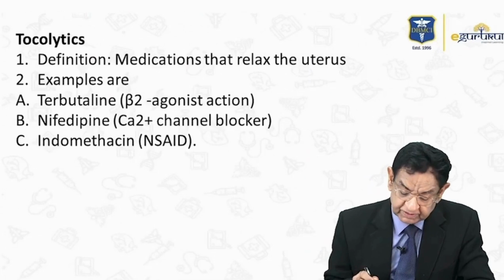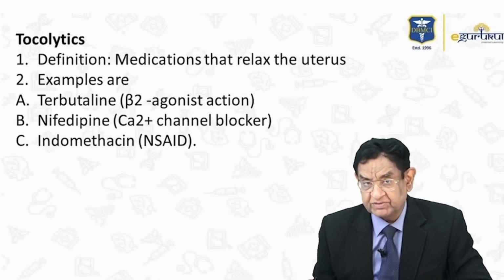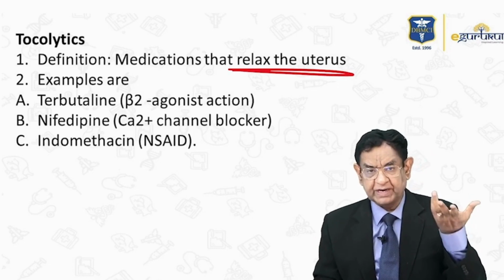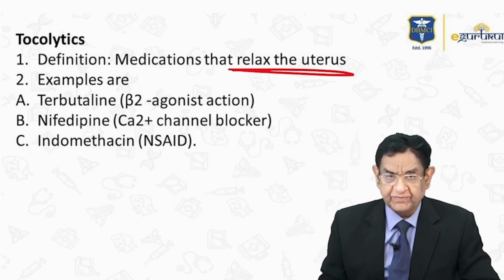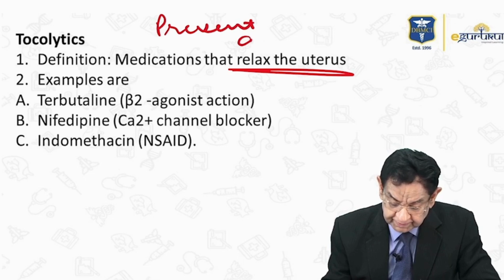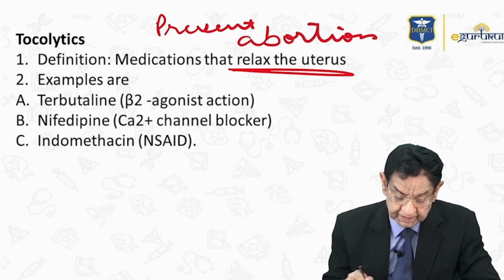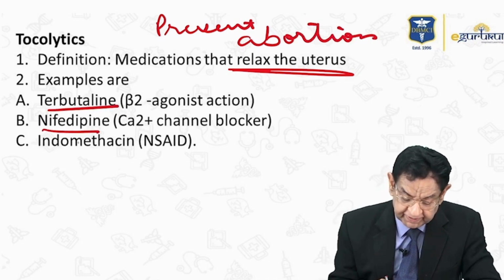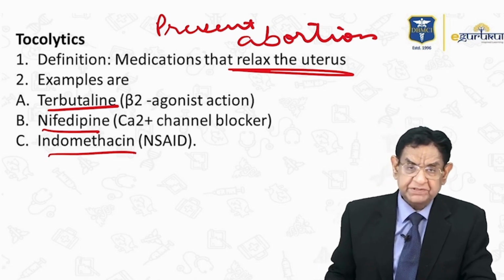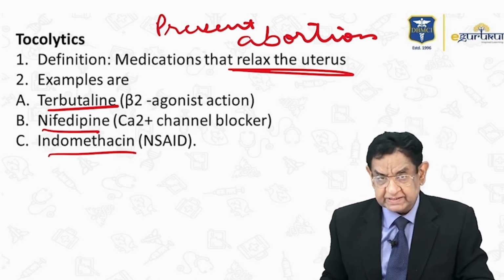Tocolytic drugs, let's learn the definition of this drug. They relax the uterus, so they are a very good drug to prevent abortion. Examples are terbutaline, nifedipine, and indomethacin. Point to be noted: all these three drugs we widely use in other medical conditions.